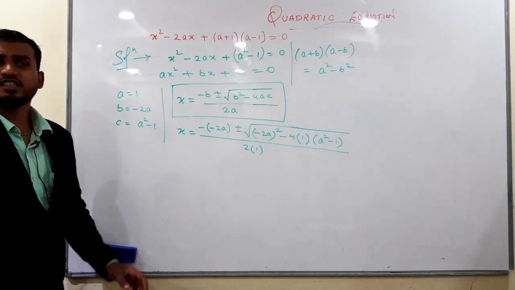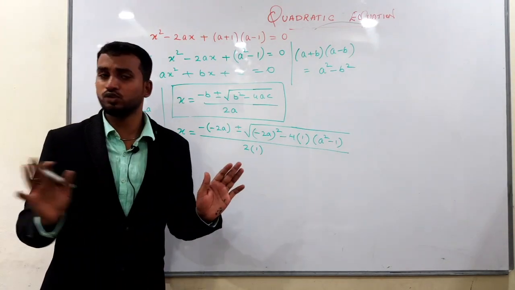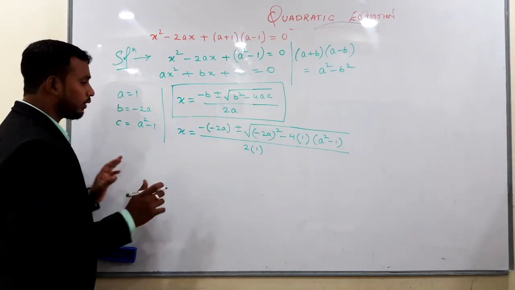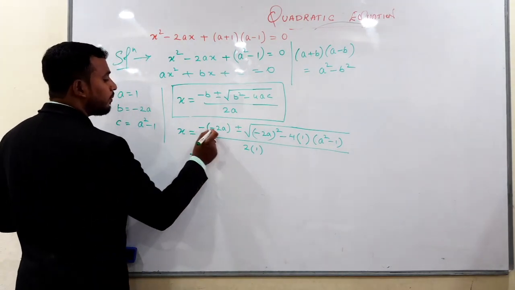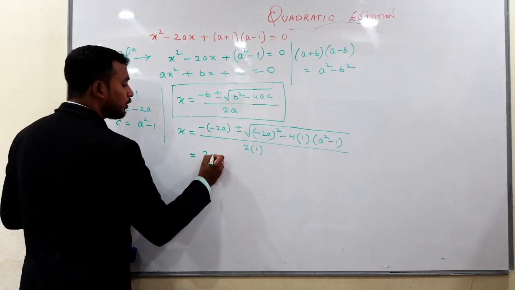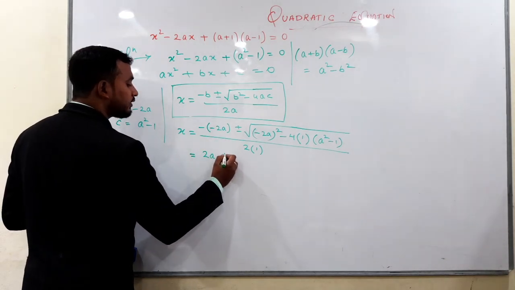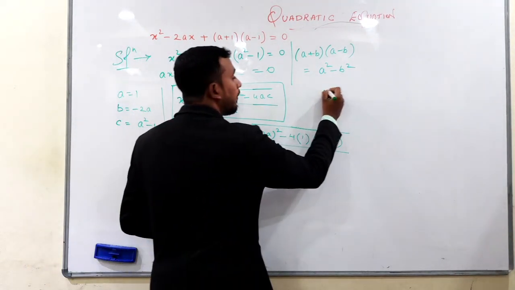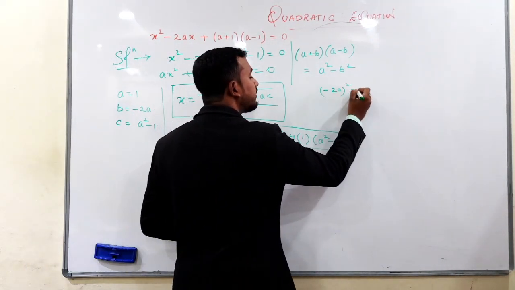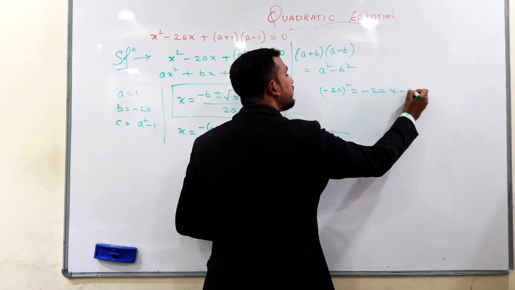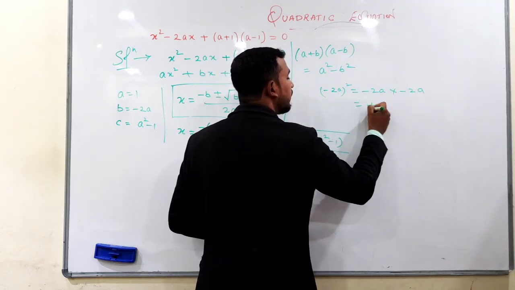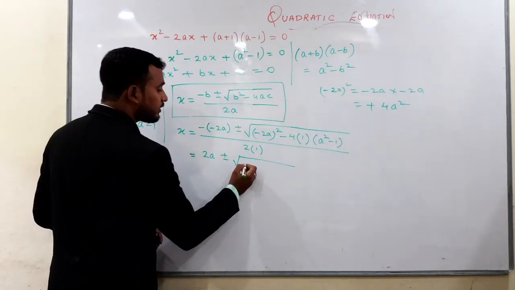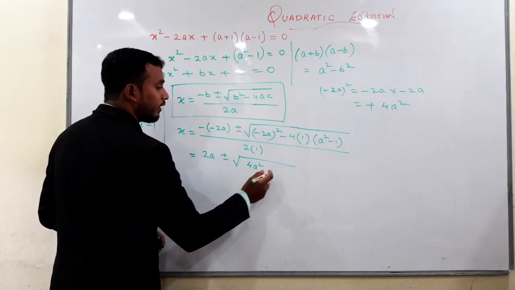Got it? Just normal simplification, nothing. Don't worry children, it's not difficult, it's not tough. It's just the basic calculations we are doing. It equals minus into minus, plus 2a ± √((-2a)²). (-2a)² means -2a into -2a. Minus into minus is plus, 2 twos are 4, a into a is a². So it is +4a².